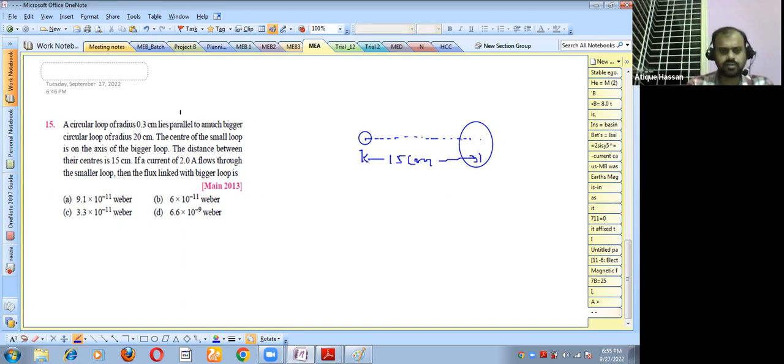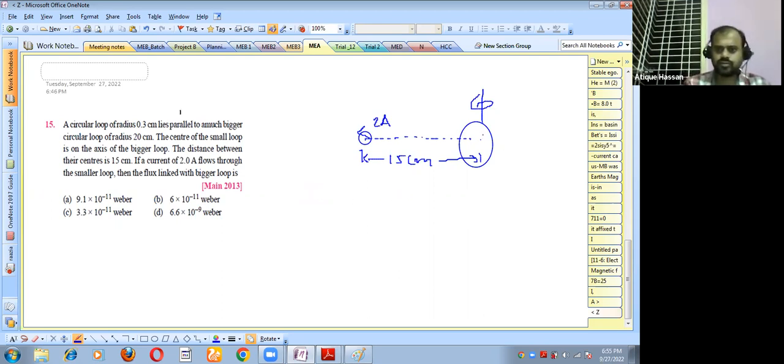If a current of 2 ampere flows through the smaller loop, then we have to find the magnetic flux linked with the bigger loop. To find the magnetic flux linked with the loop, we must find the magnetic field there.